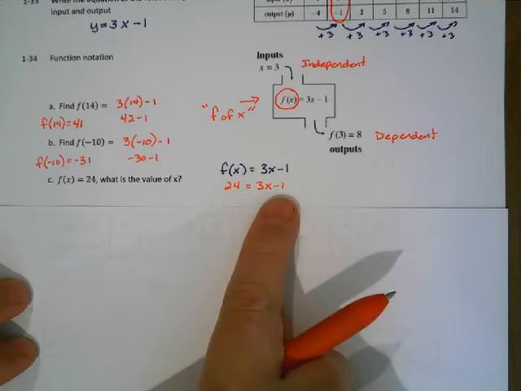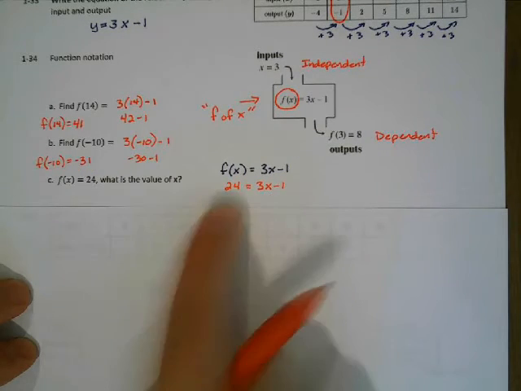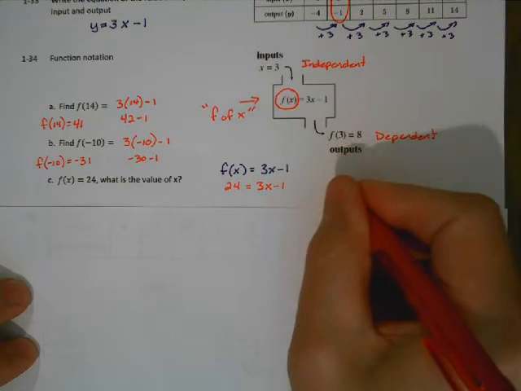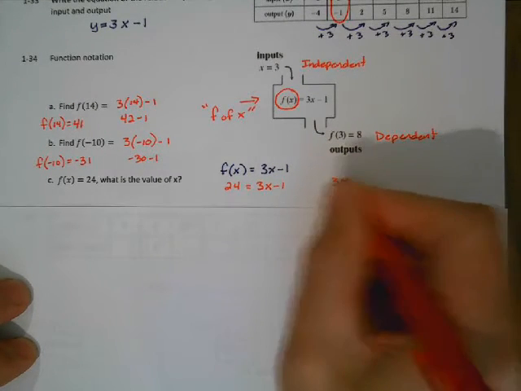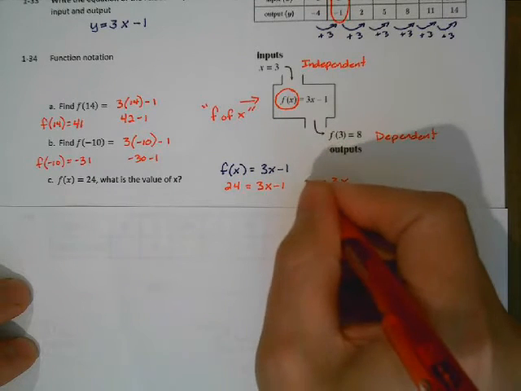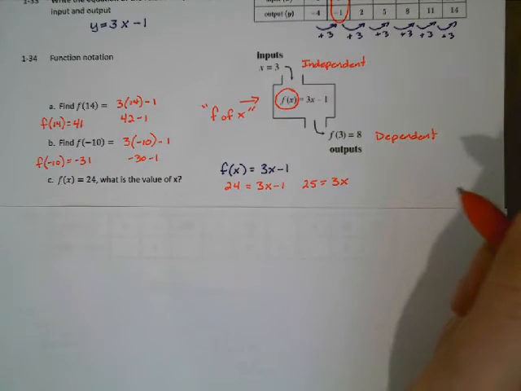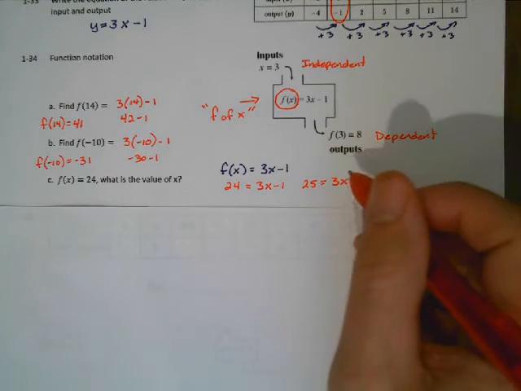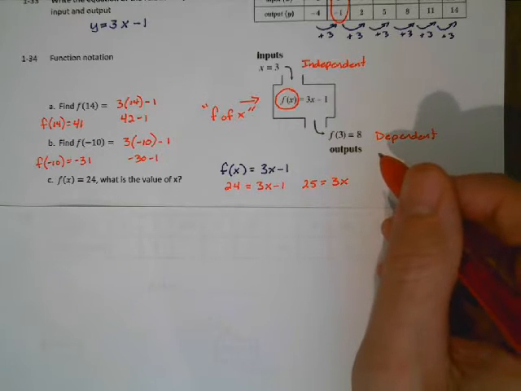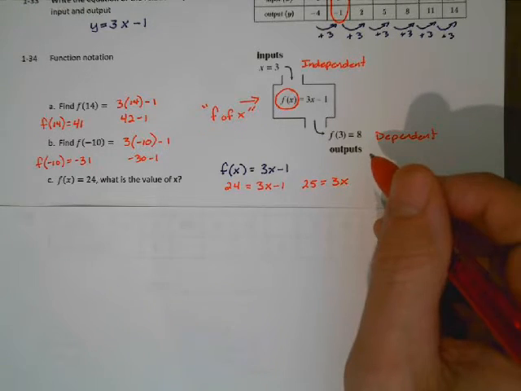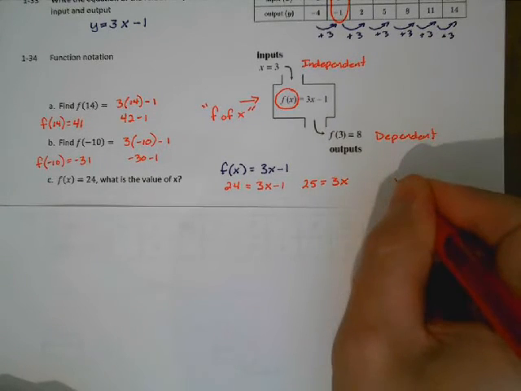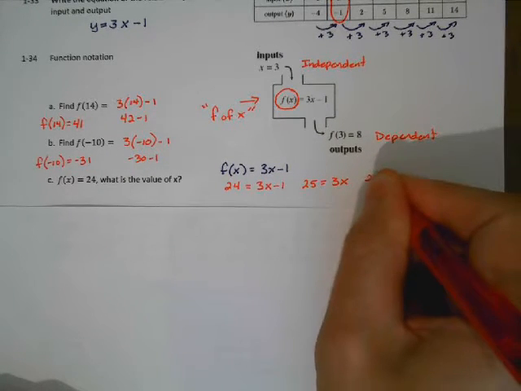So all I have to do is add 1 to both sides, and I get 3x is equal to 25. And then I'm going to divide by 3, and I end up with x is equal to 25 over 3.